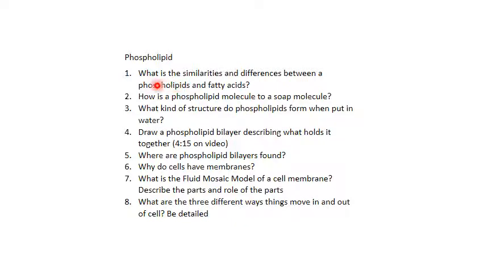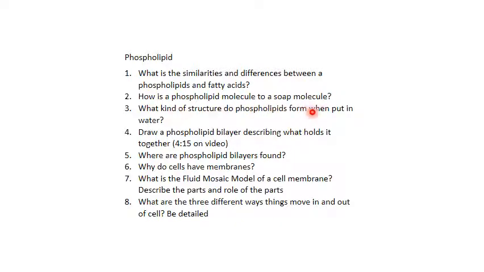When it does that, it makes it like a soap molecule, where the phosphate part becomes like a head on a soap molecule. So a phospholipid looks like a soap molecule, but instead of just having one tail, it has two tails.